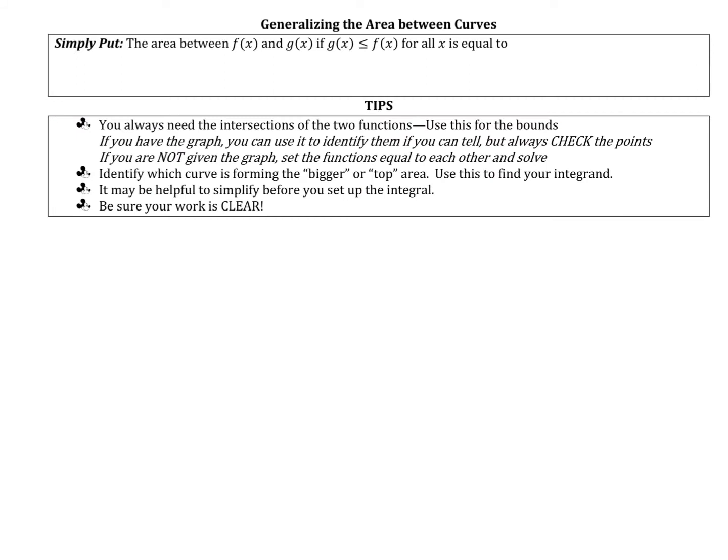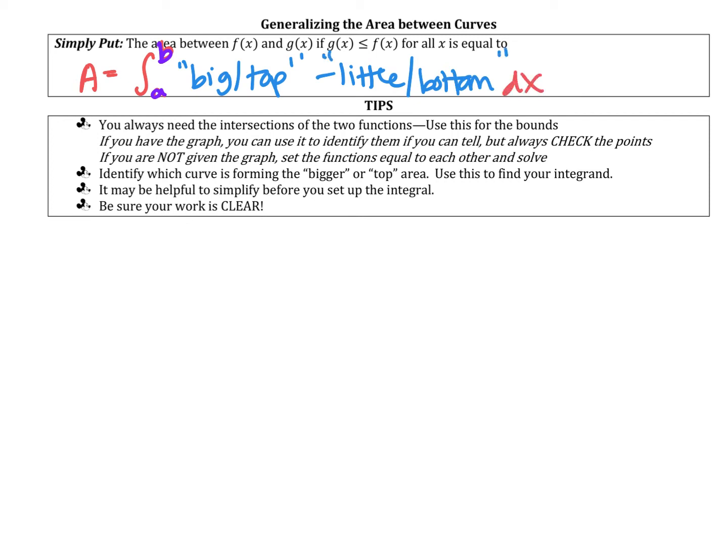Okay, so to put it simply, finding the area between two curves is really integrating between where they intersect or between some specified bounds, the bigger function, or the top function, minus the littler function, or the bottom function. Integrating that with respect to x.